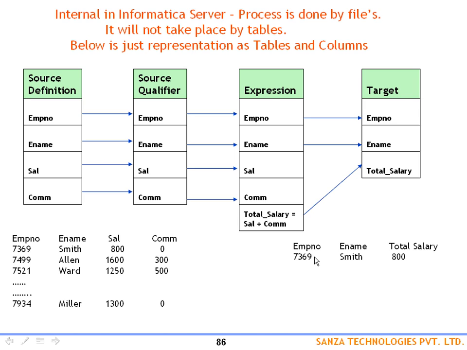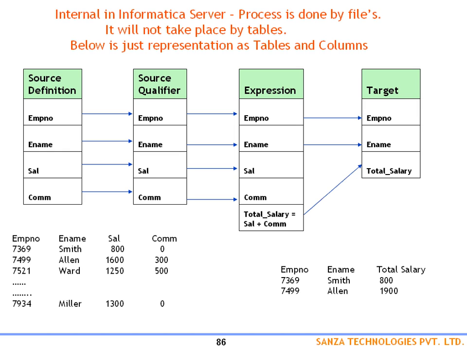Then again Informatica server takes the second record, moves out of the source qualifier transformation, and that goes as an input to the expression. Then it transforms the data, sal plus commission, 1600 plus 300 is 1900. Then it goes out, 7499 Allen 1900. Then it goes and inserts the data into the target table.